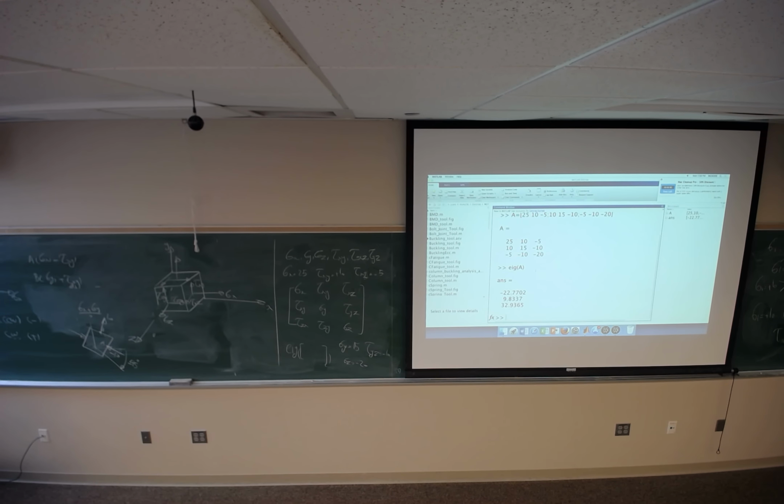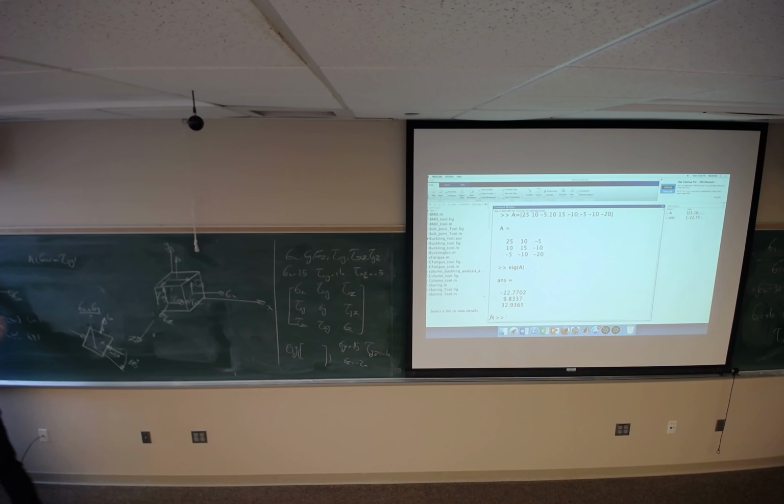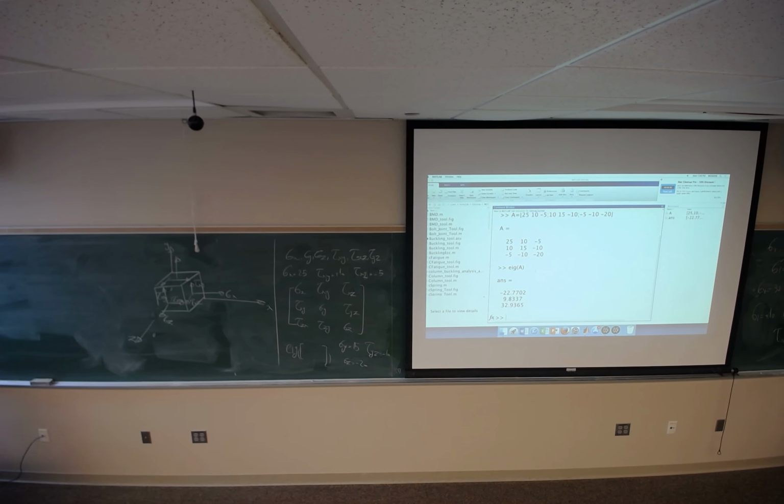If you rank them, sigma 1 should be the greatest, which is 32.9. Sigma 2 is the middle, 9.8. And sigma 3 is negative 22.77. This is how you can find the principal normal stresses using the eigenvalues. Make sense?